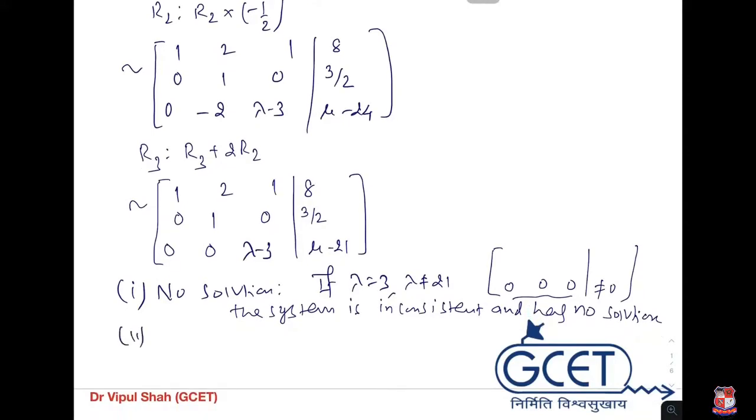Then unique solution. So for unique solution we need 3 variables, so the rank should be 3 of A as well as of augmented matrix AB. So if lambda is not equal to 3, and mu any number, then what happens? This is 0 0, this is not 0, and this is any number.